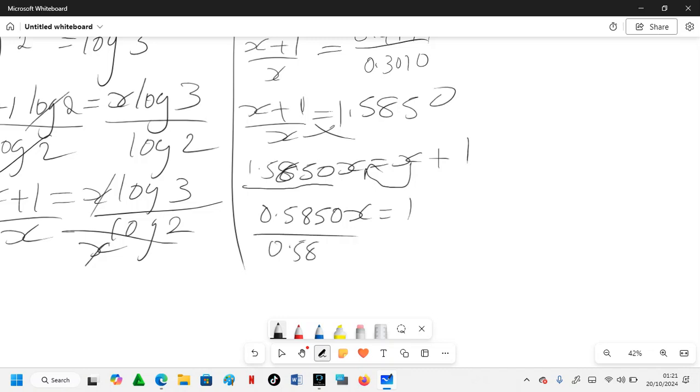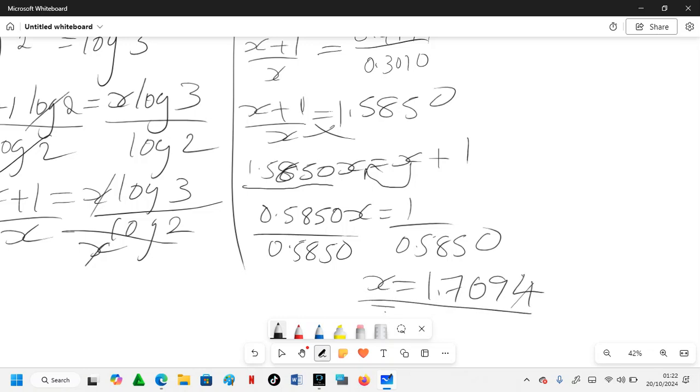So divide by 0.5850. So 1 divided by 0.5850 is going to leave us with x being 1.7094.